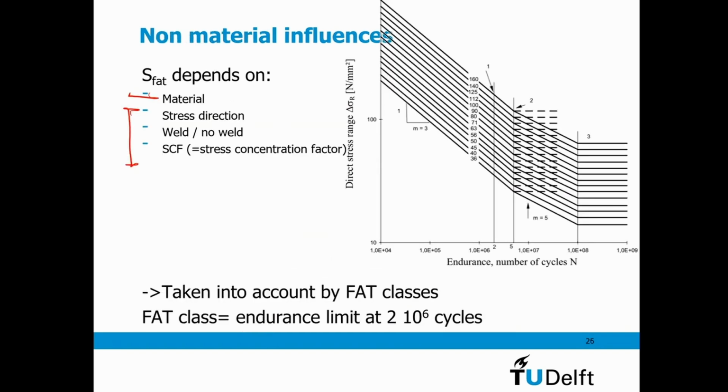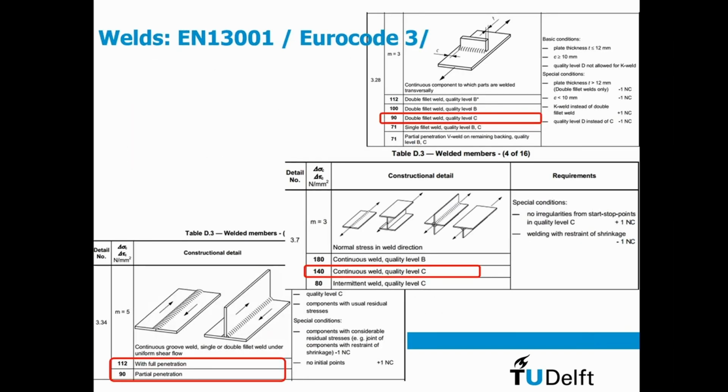But if I see here for welds, I do not see that material anymore, and that is because of the reason I just explained to you before. Because in the welding procedure, I do get some local stress concentration factor. My weld tips are always under tension, and I have already initial cracks.